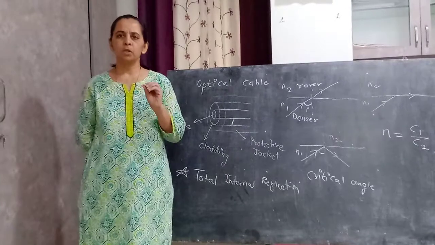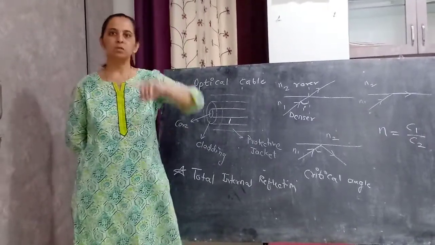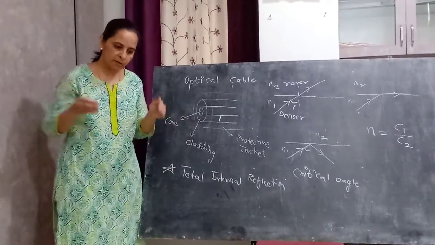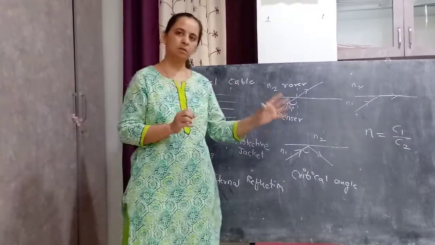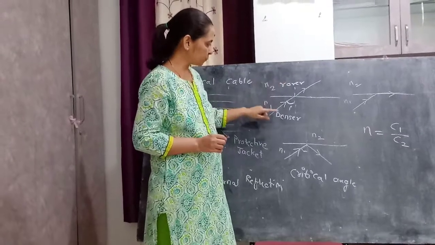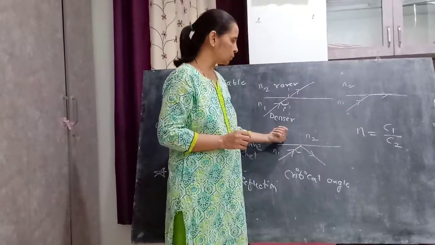You have to keep your light only inside the core and it should reach the destination. How to confine the light only inside the core is again based on Snell's law. Here I have drawn three diagrams, denser to rarer, denser to rarer and denser to rarer.